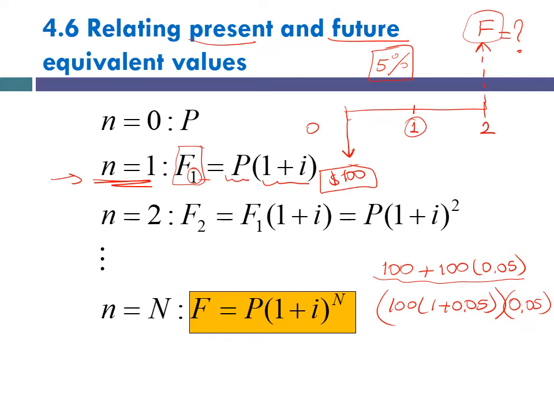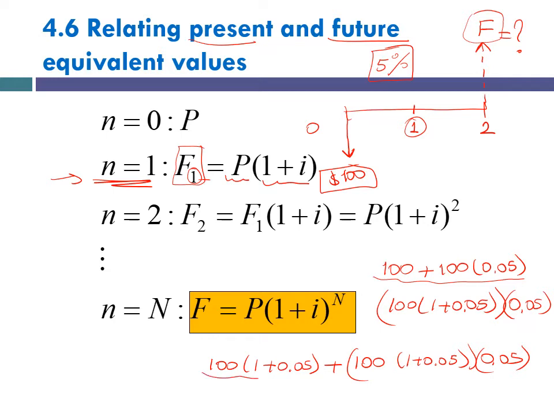But at the beginning of the second year, what amount do I have? I have 100 times (1 plus 0.05), and then I will earn interest on this amount. This is the interest that we are going to earn in the second year.